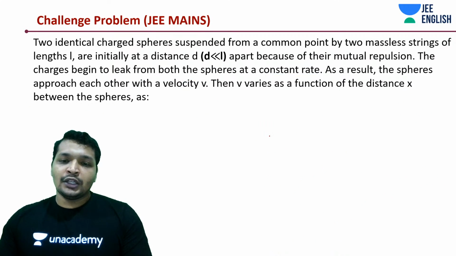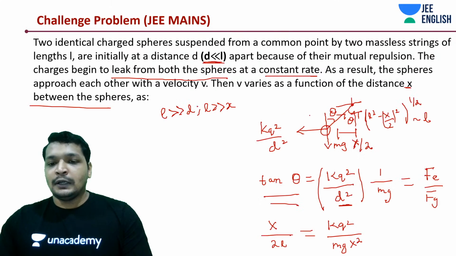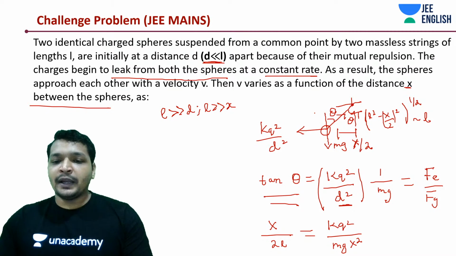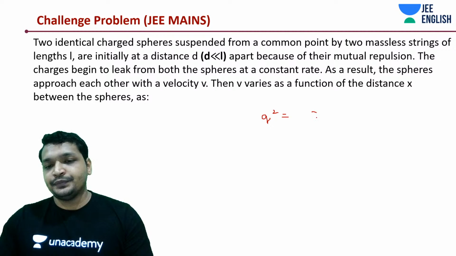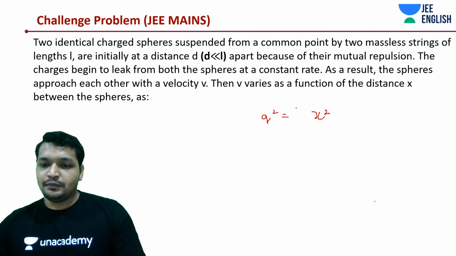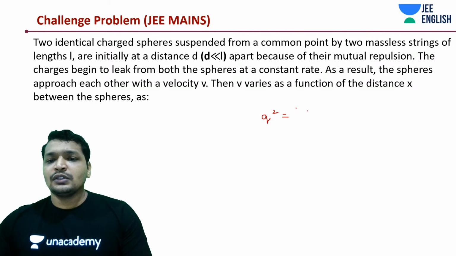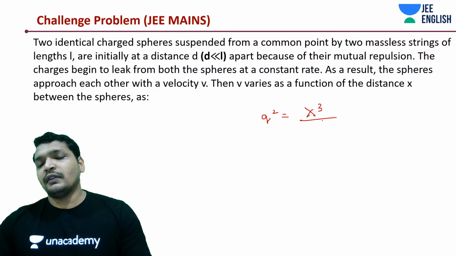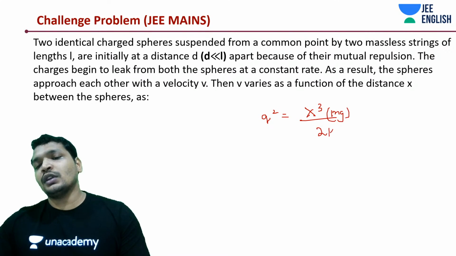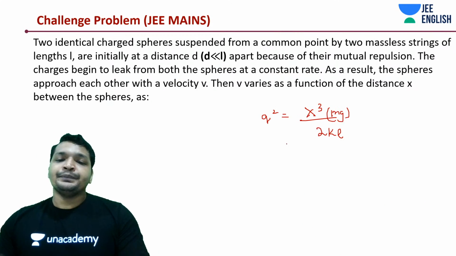I need q, so q square is equal to x cube into mg by 2kl. These are all math, but the basic concept was this: x cube divided into mg divided by 2kl. Right? That is all you need to know.